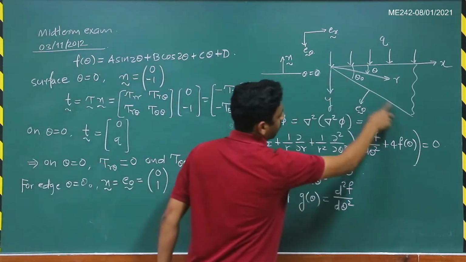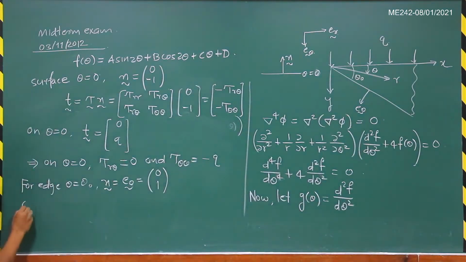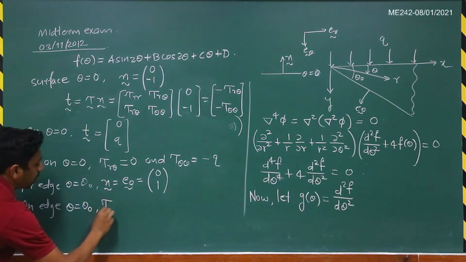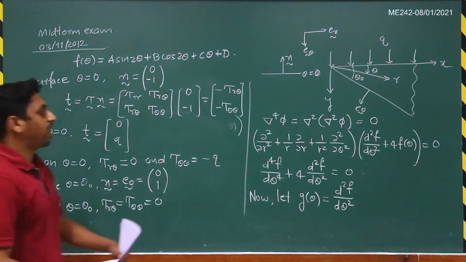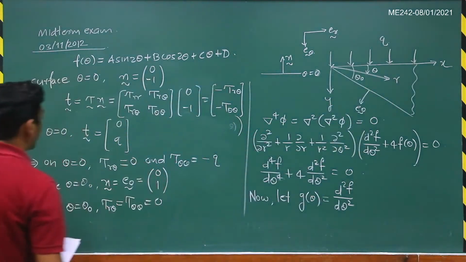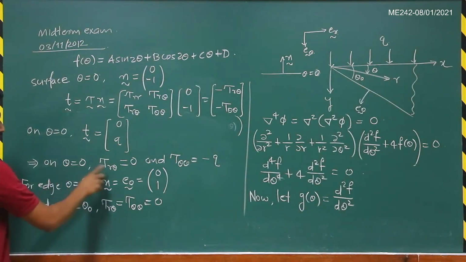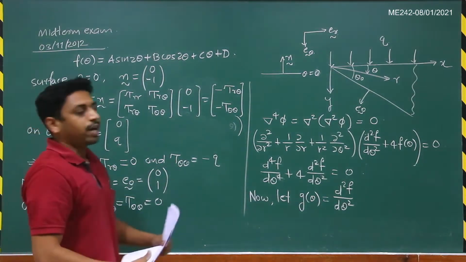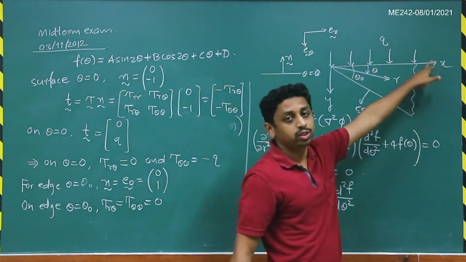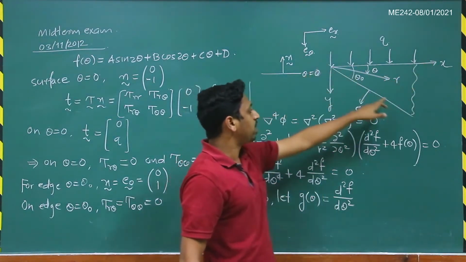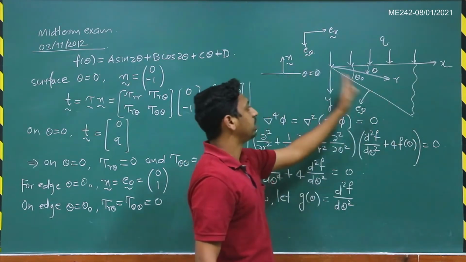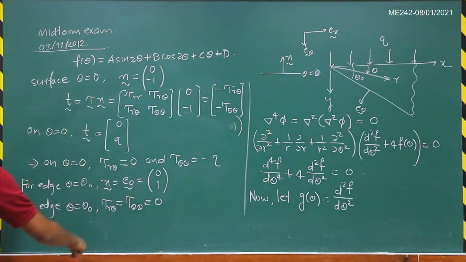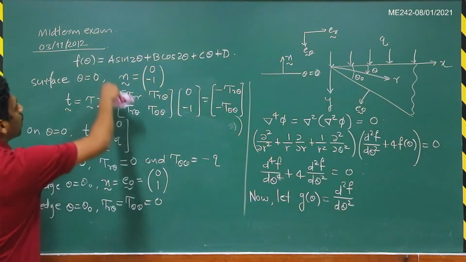As the surface is traction free, we get the condition on theta equals theta naught that tau r theta and tau theta theta are both 0. So we have got 4 conditions here. The first 2 conditions come from the traction boundary conditions on the surface theta equals 0, and the other two from the traction-free surface theta equals theta naught. We'll use these four conditions to find four equations for the four constants.